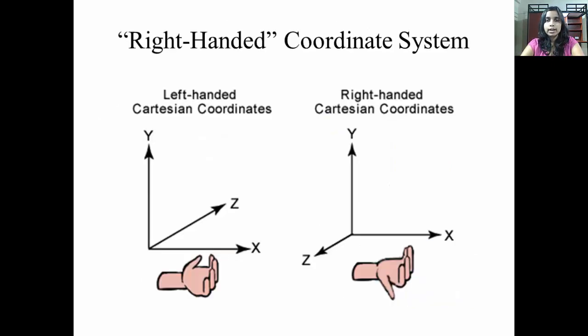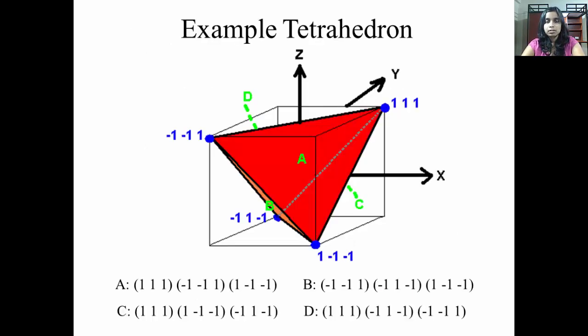Next is a right-handed coordinate system. The left figure shows a left-handed Cartesian coordinate system, and the right-handed Cartesian coordinate system is at the right side. Then consider this tetrahedron. The tetrahedron consists of a number of triangles which are shown by the capital letters A, B, C and D. The A triangle can be shown by the vertices 1, 1, 1; minus 1, minus 1, 1; and 1, minus 1, minus 1.